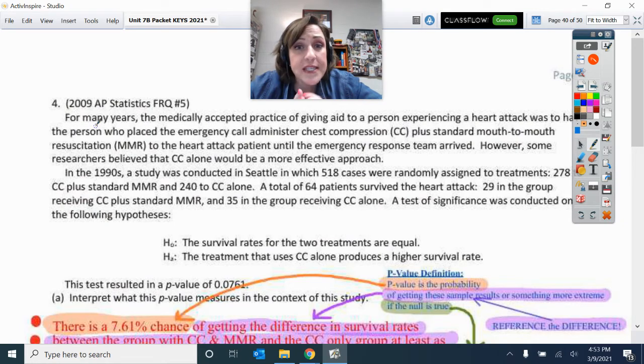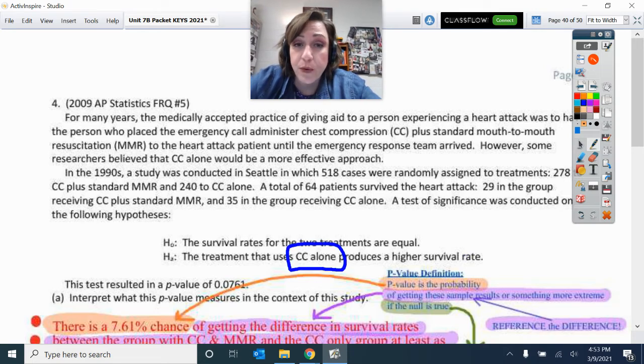This is so interesting. For emergency calls, there's chest compressions, the pushing down on the chest, plus the mouth-to-mouth resuscitation. In the 1990s, a study was conducted in Seattle, and they were wondering if chest compressions alone, so no mouth-to-mouth resuscitation, produces a higher survival rate.